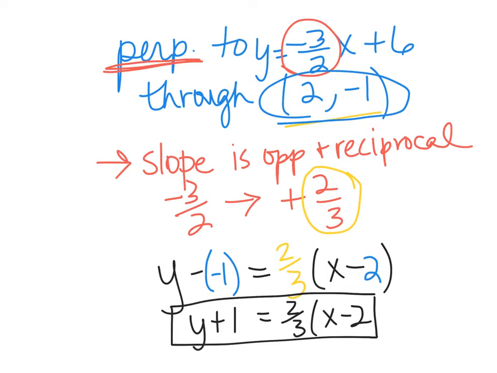So we take that and put it in the point-slope form. And then remember our signs are opposite. Like this is a positive 2, negative 2, negative 1, positive 1. And then today you're going to switch it further into the slope-intercept form.